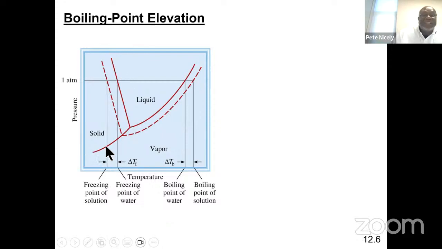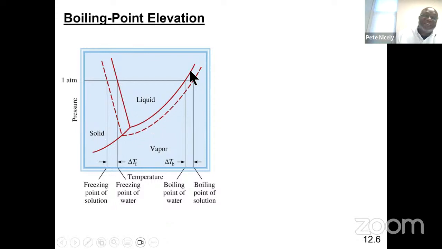These lines represent different temperatures and pressures where you have equilibrium between different states. So for example, this line here represents the different pressures and temperatures where we have the equilibrium between the solid state and the vapor state. This line here represents the different temperatures and pressures where we have the equilibrium between the solid state and the liquid state.